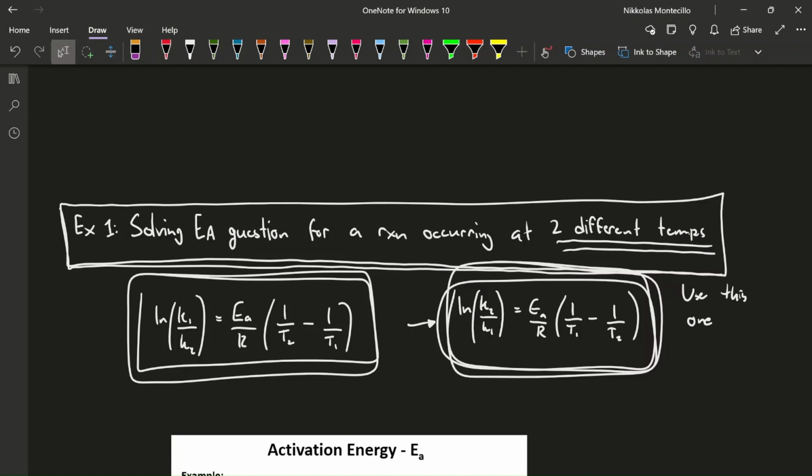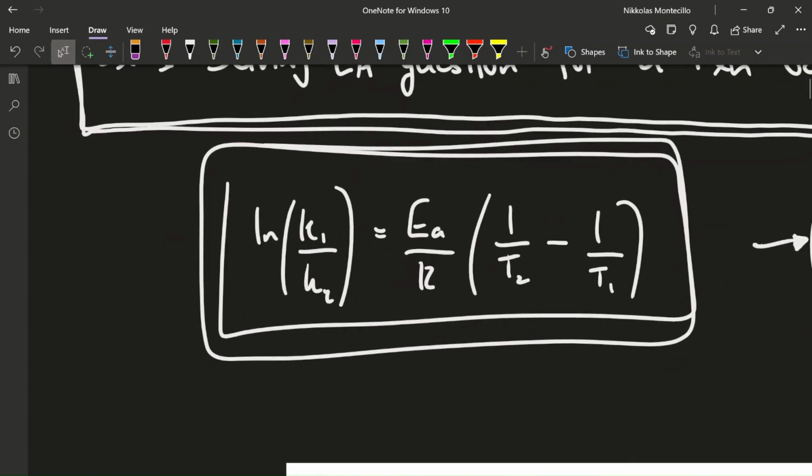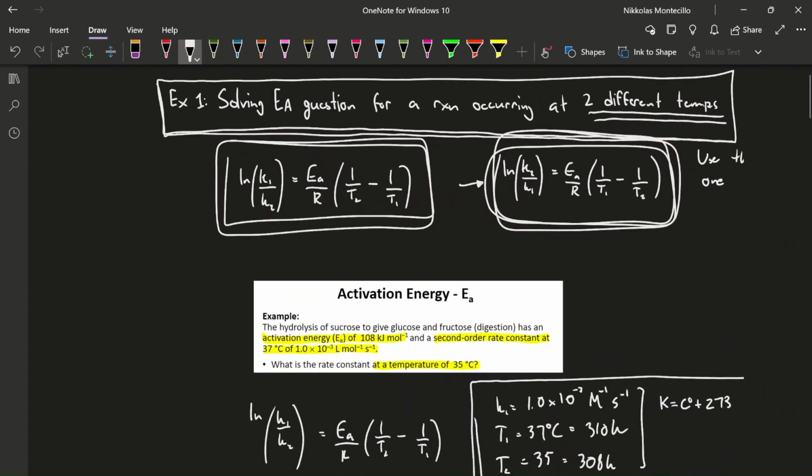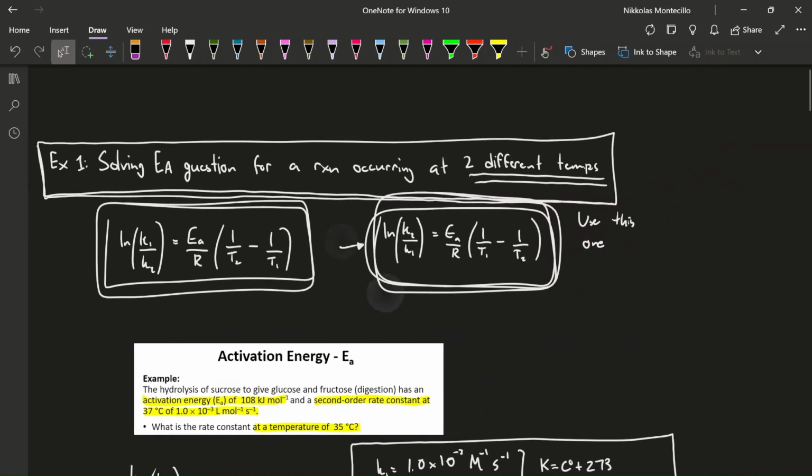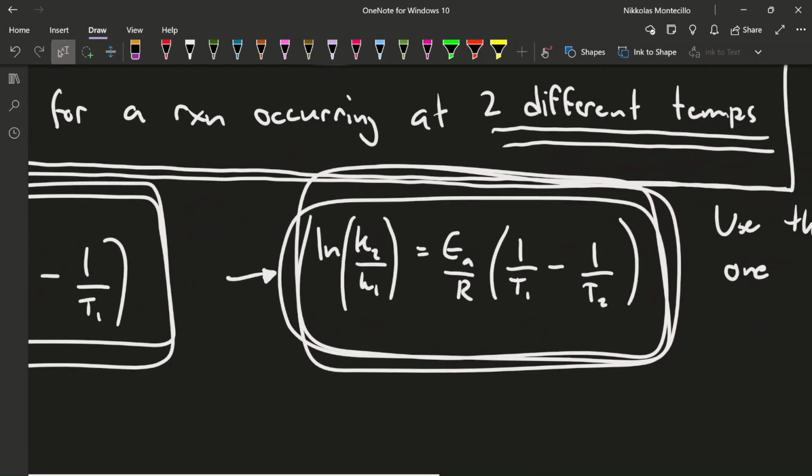They're both very similar. The first one is ln, the natural logarithm of the ratio of K1 over K2, which is equivalent to the activation energy over R times 1 over temperature T2 minus 1 over temperature T1. The second is the natural logarithm of the ratio of K2 over K1.